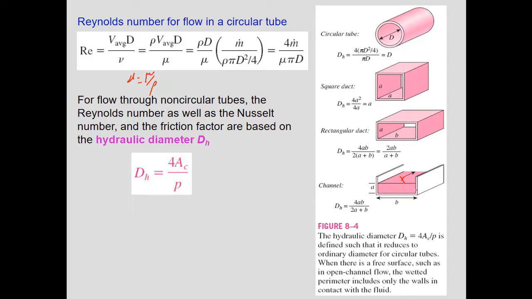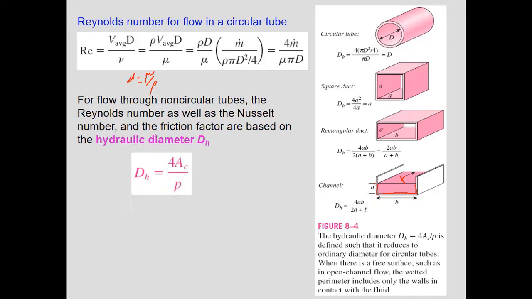It is 2A plus B. So the hydraulic diameter here will be 4AB divided by 2A plus B. For the channel we have something a little different from the previous.